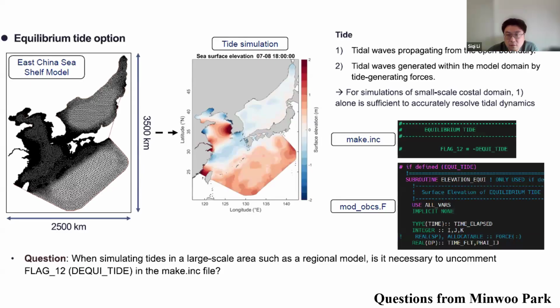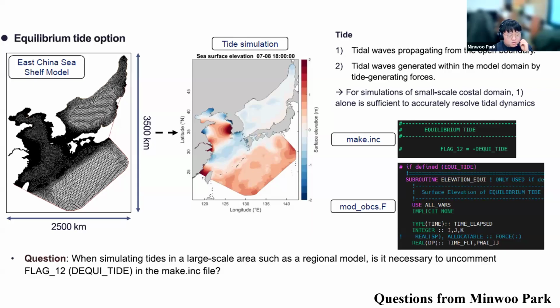The third question is from the discussion board, from Miwu Park. Miwu Park, would you please read your question? Hello. I prepared one question. In simulating tides within a regional model like the East China Sea Shelf, it is my understanding that tidal signals result from a combination of waves propagating from the open boundary and tides internally generated by the tide generating process.